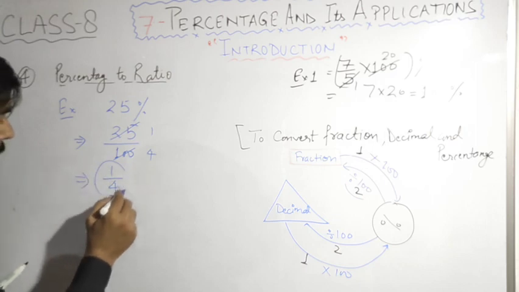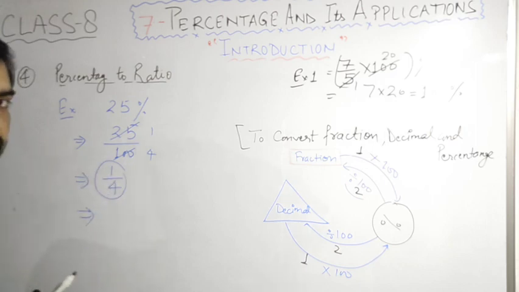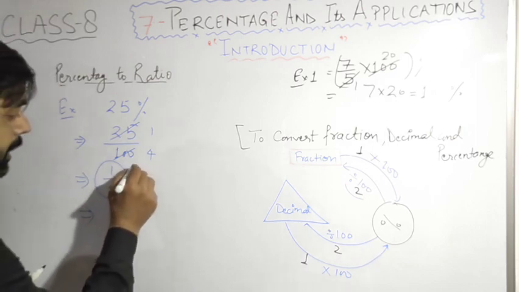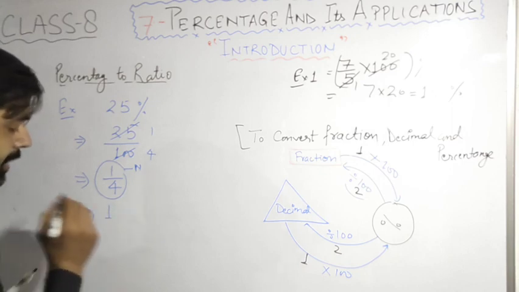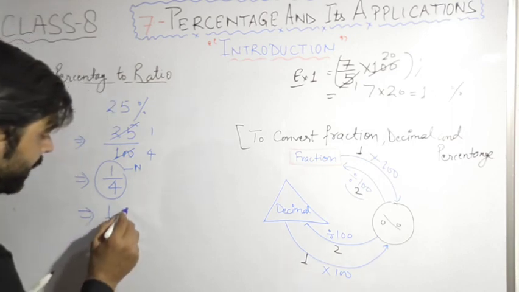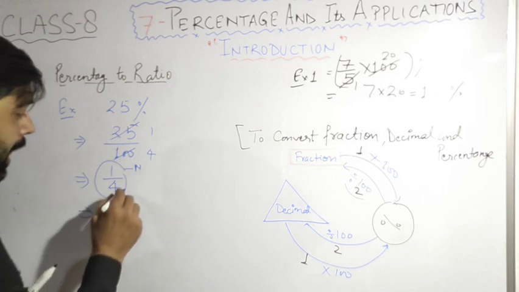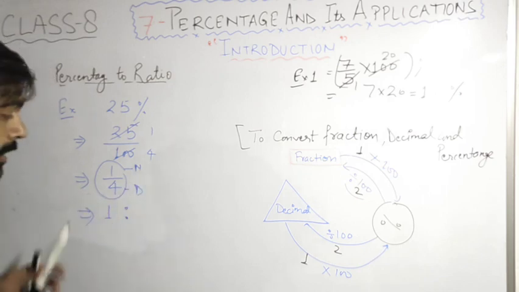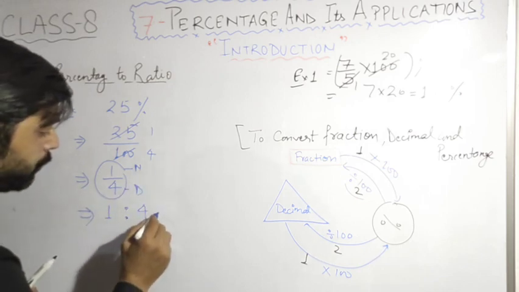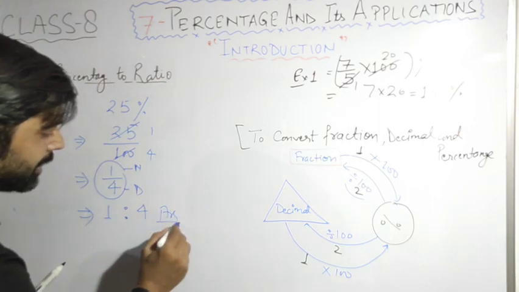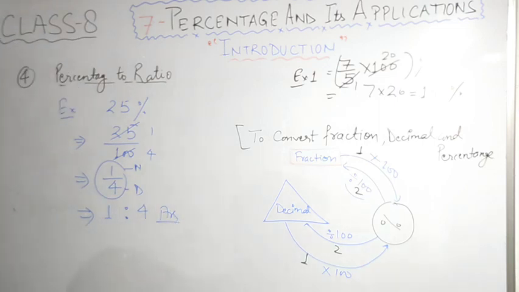So this is the fraction, and you can also write the fraction in ratio form. How? The numerator is always written as the first term, 1, and the denominator is the second term, 4. 1 is to 4. So this is the answer of this question.